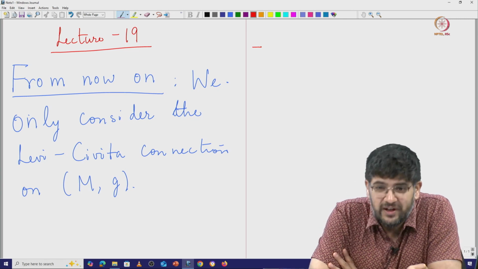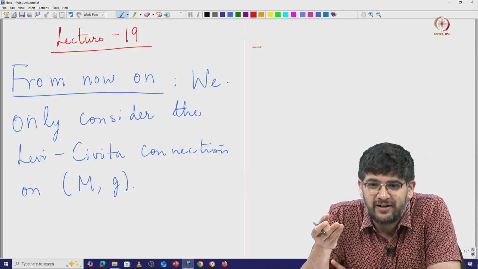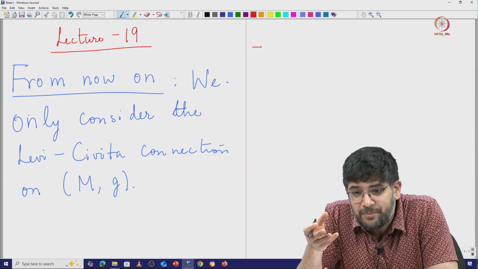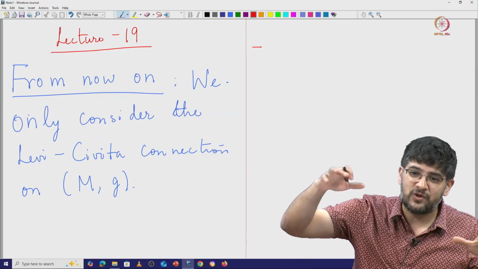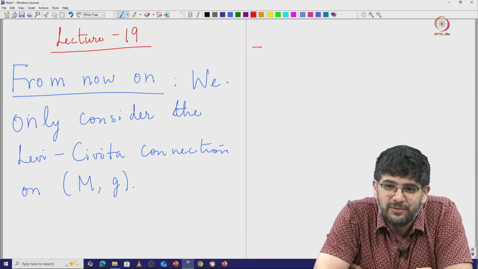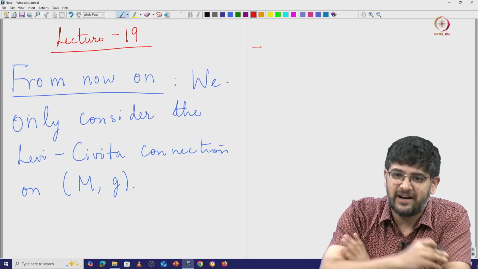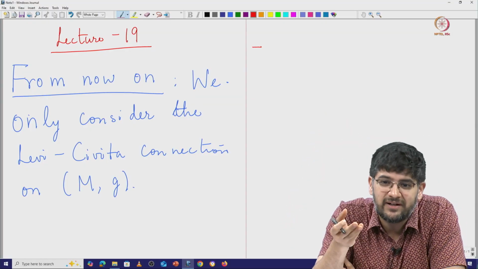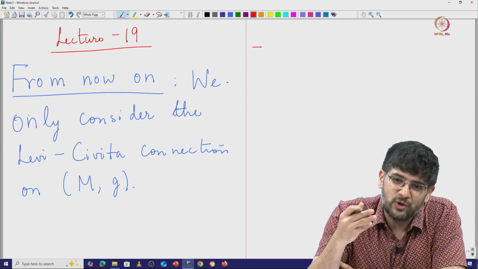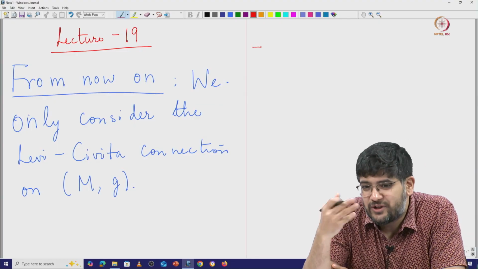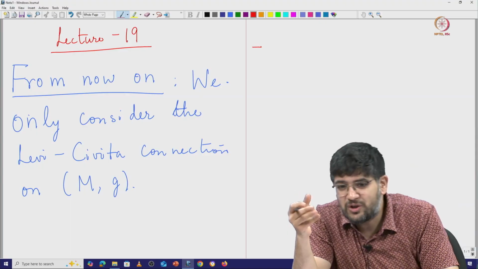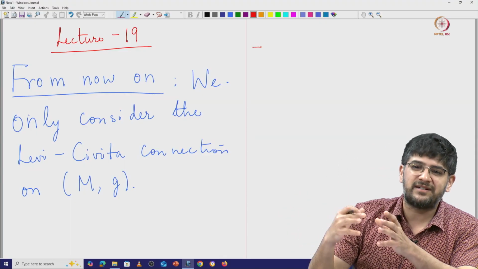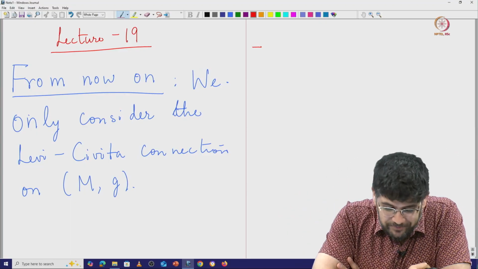So what we'll do is we'll try to calculate the curvature tensor of a few examples. We'll also look at hypersurfaces sitting inside Rn and so on, and try to see if we can calculate its curvature. And then we'll also introduce another form of curvature called the sectional curvature, which is slightly easier to imagine, right?